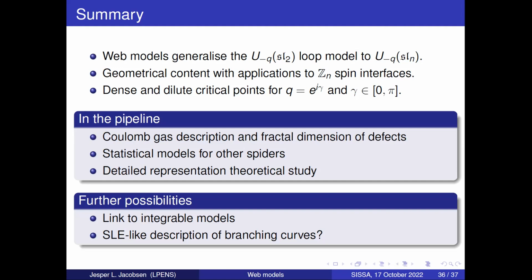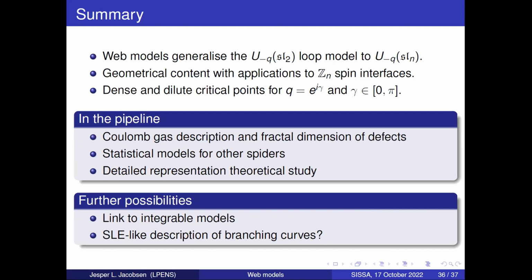Yes. So what happens in the loop model is, suppose you start from bond fugacity 0. Suppose you keep increasing it. At some point, the largest loop will have its size diverging, or it will be of the size of the lattice. When this happens, precisely then you hit the critical point of the dilute phase.